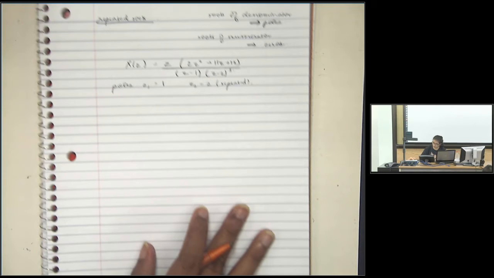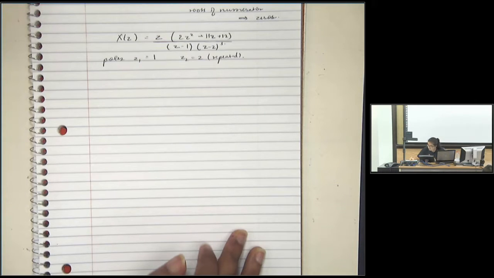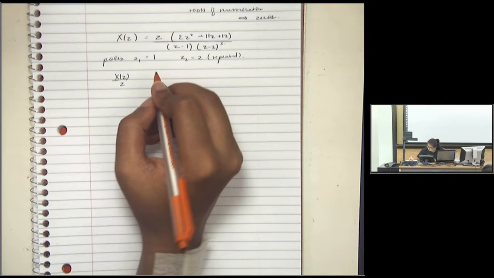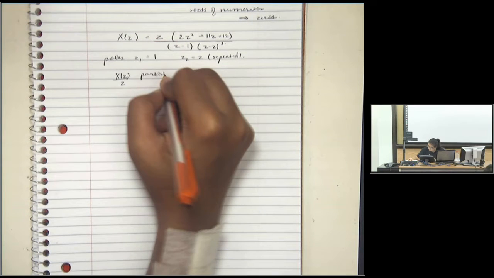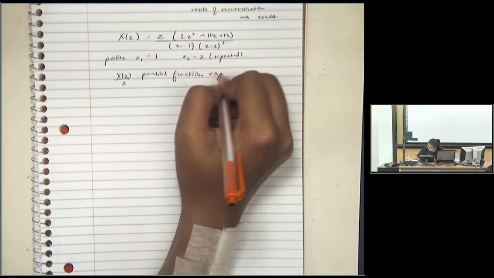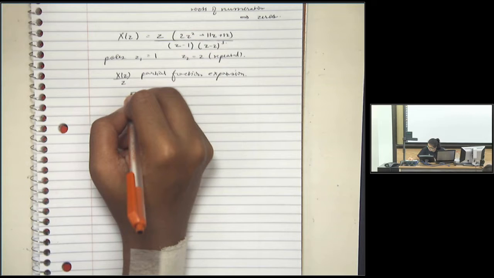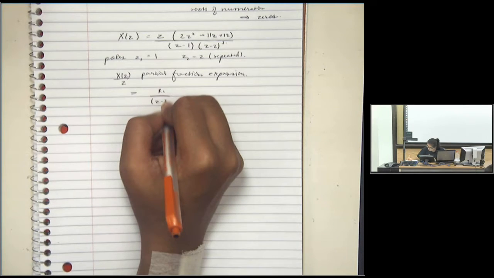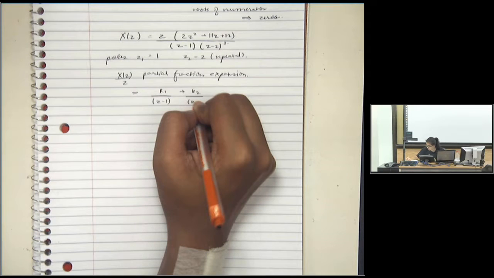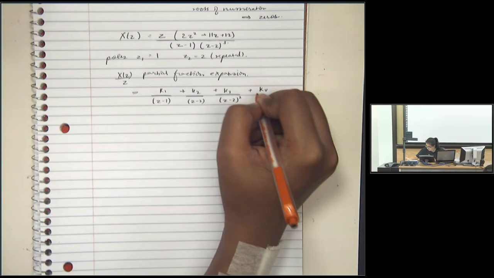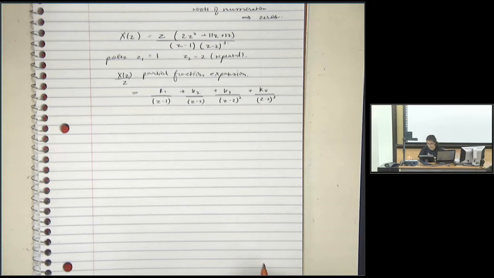Again we will do the partial fraction expansion of X(z) over z. Now our partial fraction expansion will look like k1 over z minus 1 plus k2 over z minus 2 plus k3 over z minus 2 squared plus k4 over z minus 2 cubed, correct?